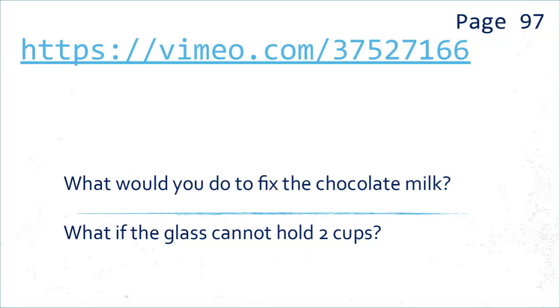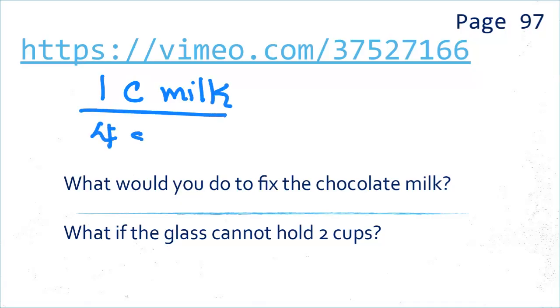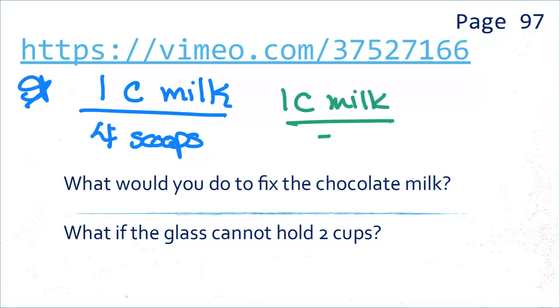So let's see. We had 1 cup of milk, and we were supposed to do 4 scoops of chocolate, right? This is what we are supposed to do. This is what we want. We had 1 cup of milk to 5 scoops of chocolate.